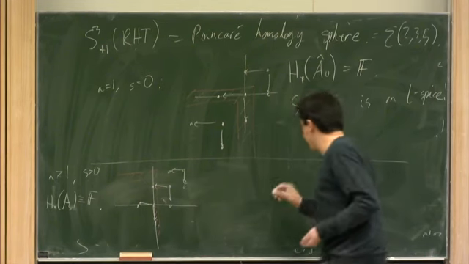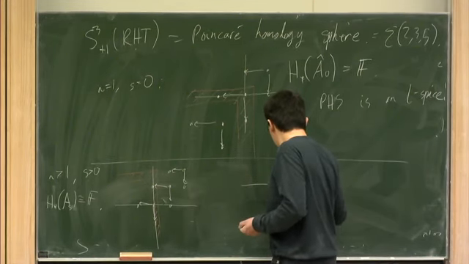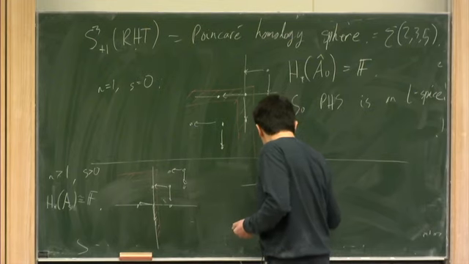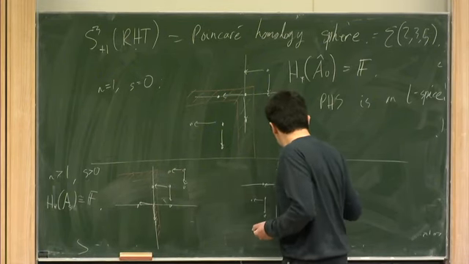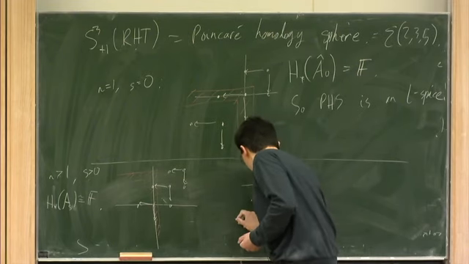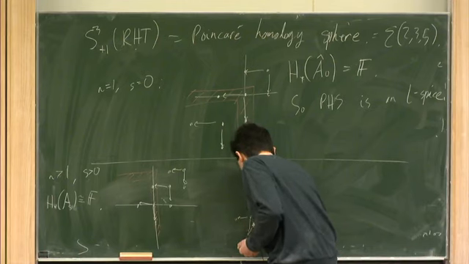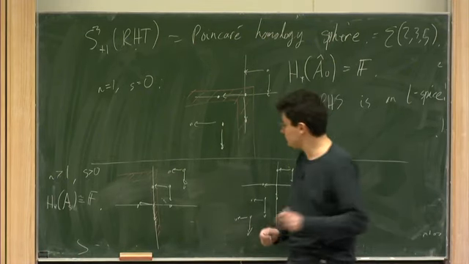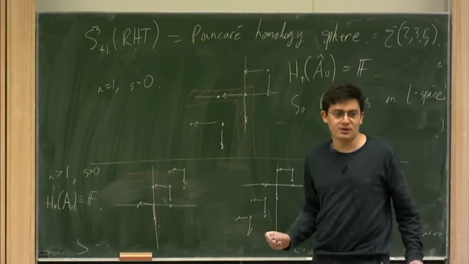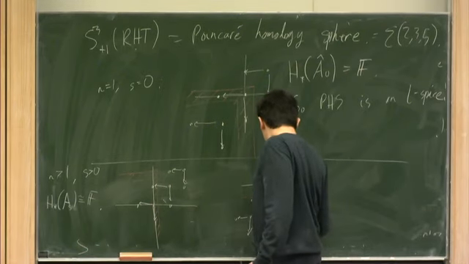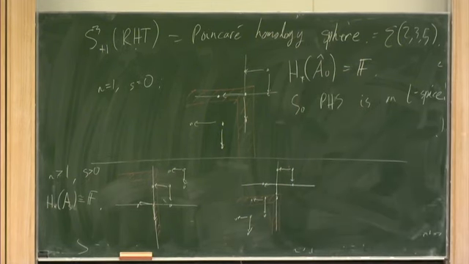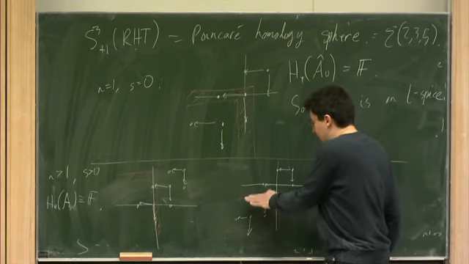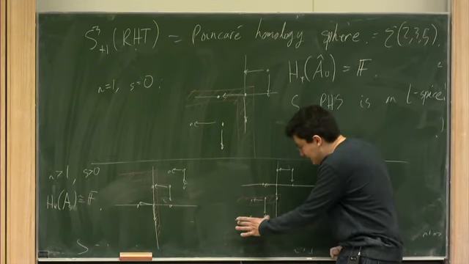Now, what about the negative s versions? Well, let's just take s equals -1, for instance. What am I seeing now? I'm just seeing a row. And if I shift s down to -2, I'll be seeing this row of the diagram.